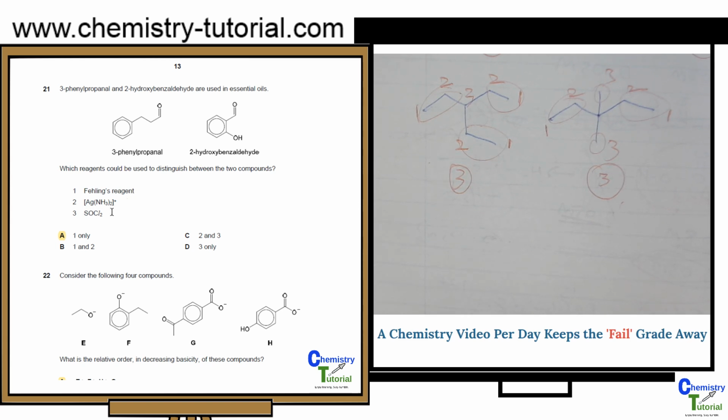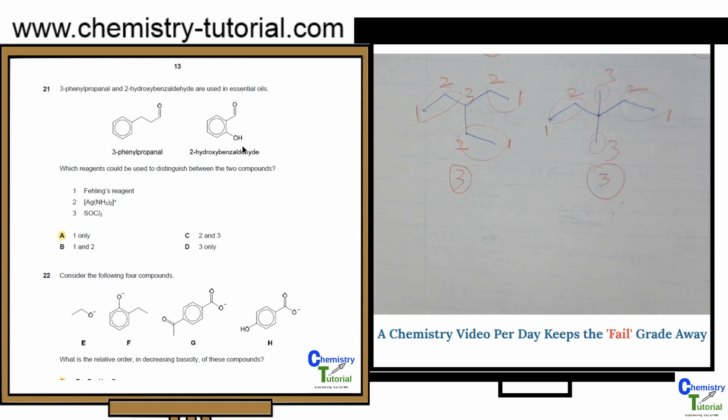SOCl2, you can perform nucleophilic substitution against your OH, alright? So yes, we have OH here. Unfortunately, this OH is a phenol, which means that because the lone pair on oxygen can get delocalized into the aromatic ring, your C-O bond actually has a partial double bond character, which makes it less susceptible to nucleophilic substitution from your SOCl2 to form your chlorobenzene.